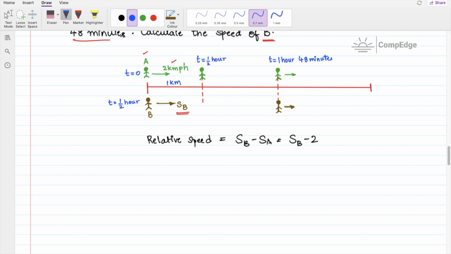We all know from the relationship between time, speed and distance that distance is equal to speed into time. In the same way, relative speed into time will give you the relative distance. The relative distance is the distance with respect to the other object.